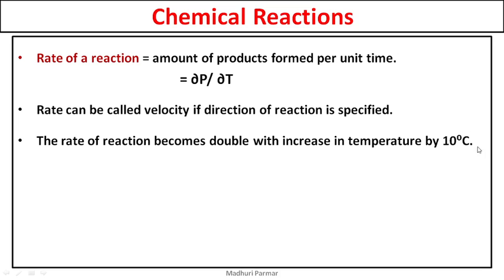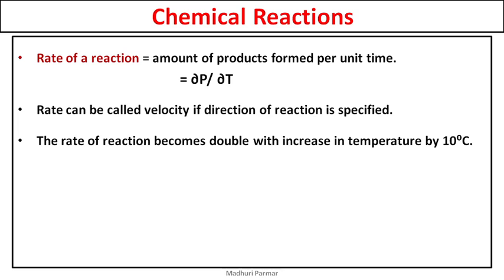Okay, so let us say you were eating at 20 degrees Celsius, in a very cold condition, in a room which had AC at 20 degrees, and you were eating 20 pani puris in 10 minutes. If you are taken outside where the temperature is normal, it is 30 degrees, then you are able to eat 40 pani puris, right?